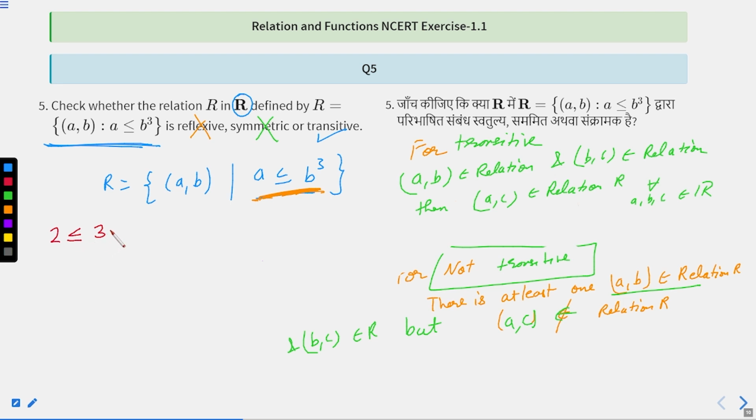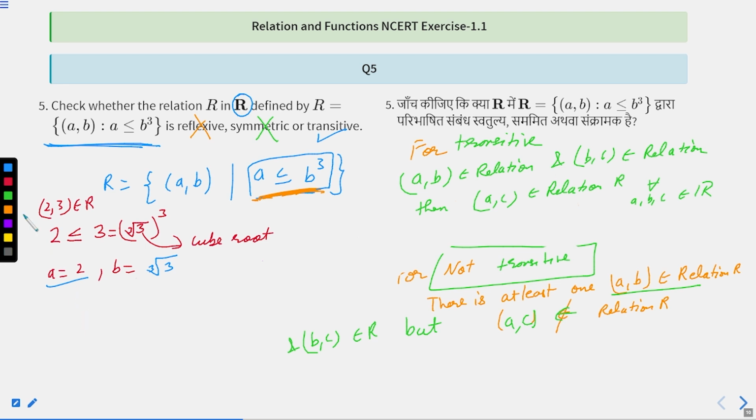Yes, we know that. So just take this. So a is 2 and b is the cube root of 3, so (2, cube root of 3) belongs to the relation R. I hope you are observing that I have taken such a pair of numbers which satisfy this condition. Accordingly, I choose a and b.